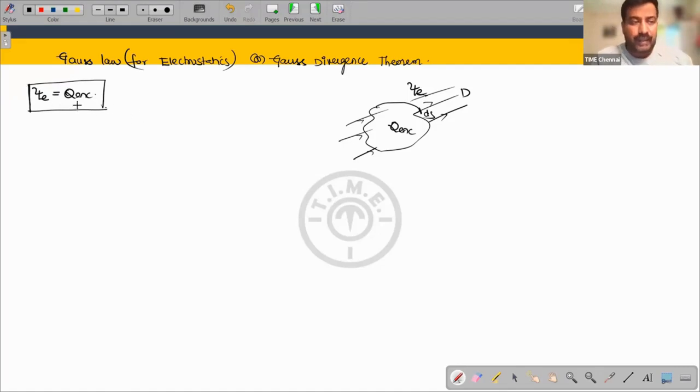You know, electric charge is given in coulombs. And this is the very reason why electric flux is also given in coulombs. Both have the same unit because they are equivalent.